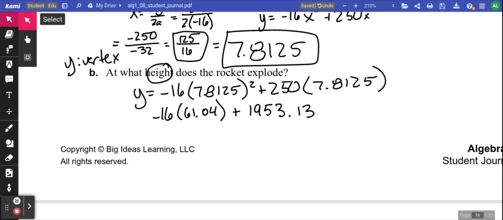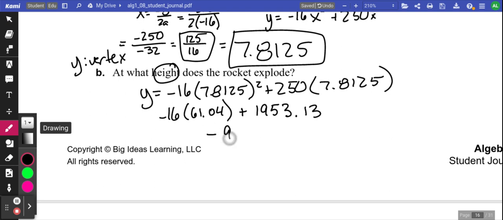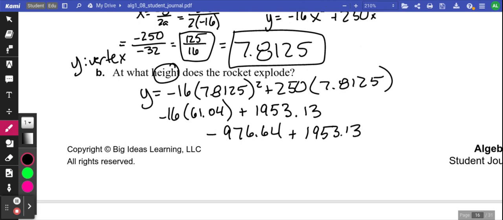All right, last little bit here. I'm going to do 16 times 61.04. I get negative 976.64 plus that 1953.13.